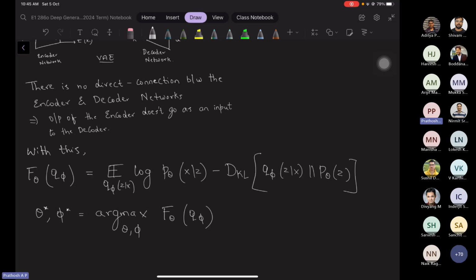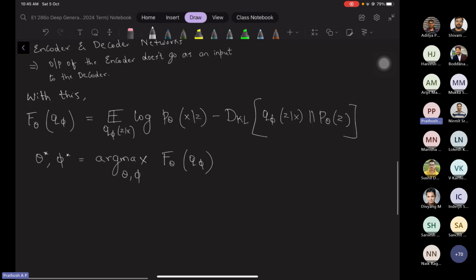We need to train both of these neural networks. So how do we do that? We do it using gradient descent, right? So we need the gradient of the ELBO with respect to phi, and we need the gradient of the ELBO with respect to theta.